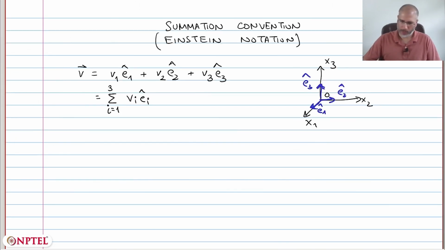Now using Einstein's notation, which is also called the summation convention in texts, we will learn how to simplify this expression. Let us write the definition of the rule first.